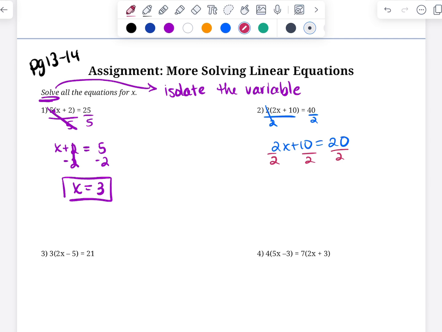That's not like a step you can take every single time. It works in this problem. In general, the better move is going to be to subtract the 10 over to get the x, well in this case the 2x, closer to being by itself, and then dividing by the 2 that's out front. All right? So x equals 5.